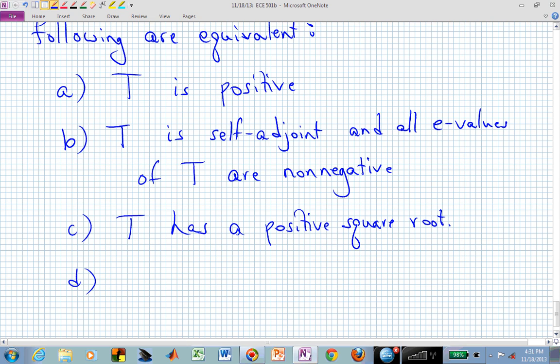Another statement that's equivalent is that T has a self-adjoint square root.